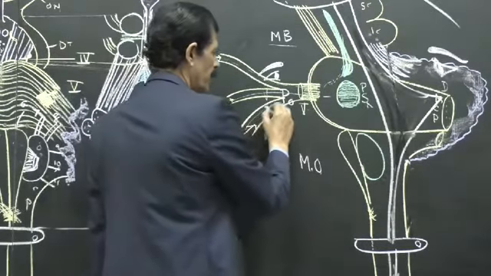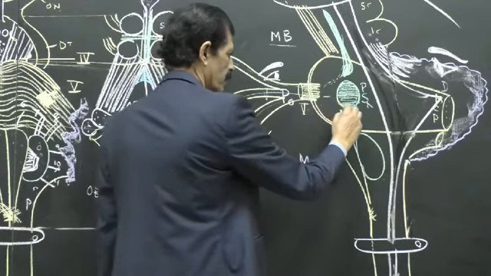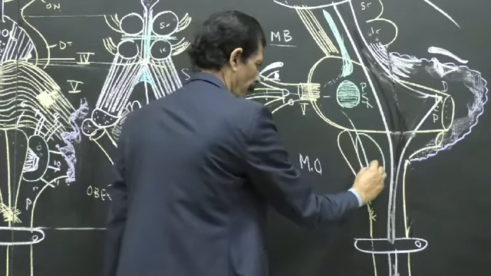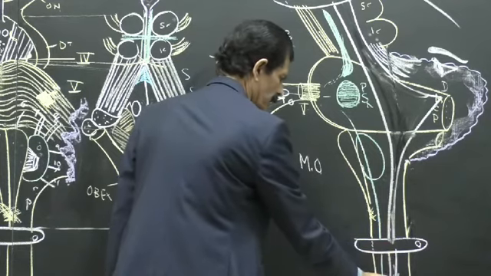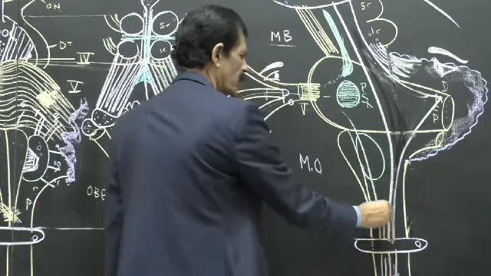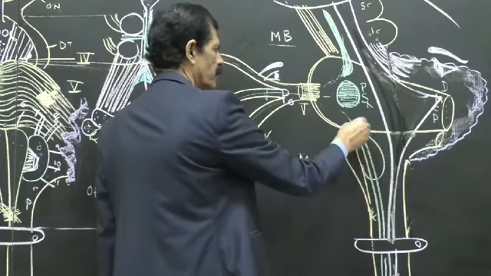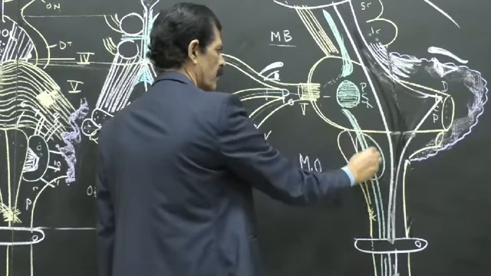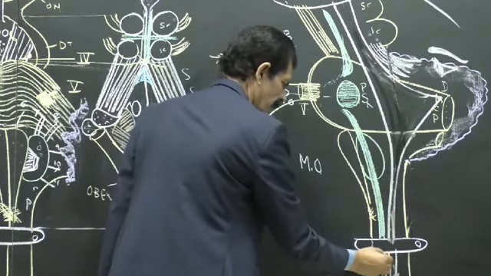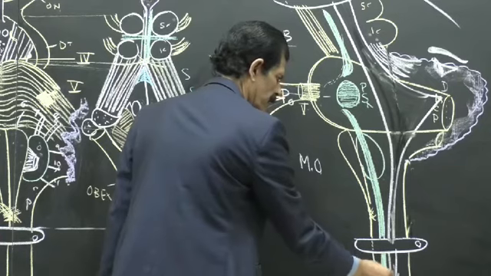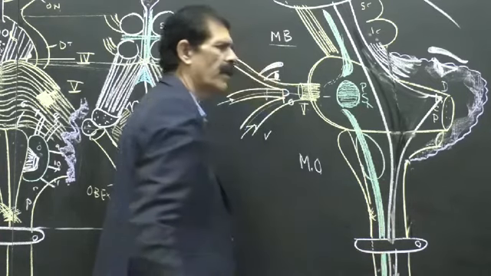Then the mandibular divisions go down into the spinal nucleus, because it is present in the entire length of the medulla, and it is also continued in the upper 2-3 segments of the spinal cord as well.